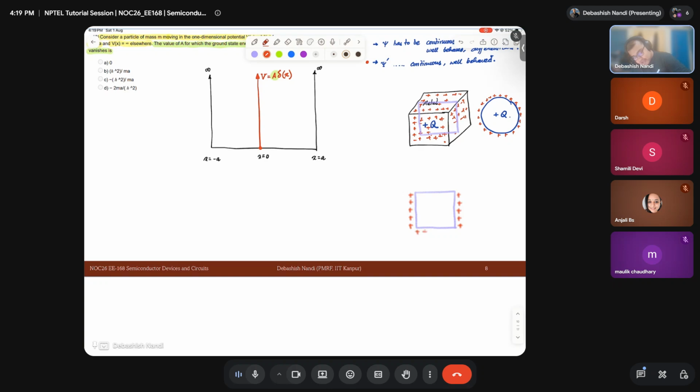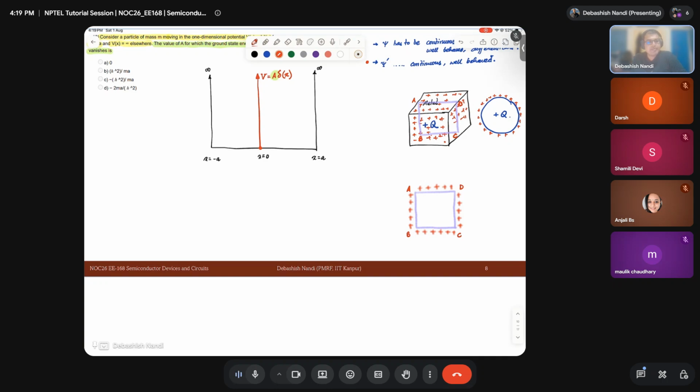There will be no charge inside, but there will be charges surrounding it. Let's say this is A, B, C, D, right? So this is any metal sheet cutting at the middle of the metal cube.